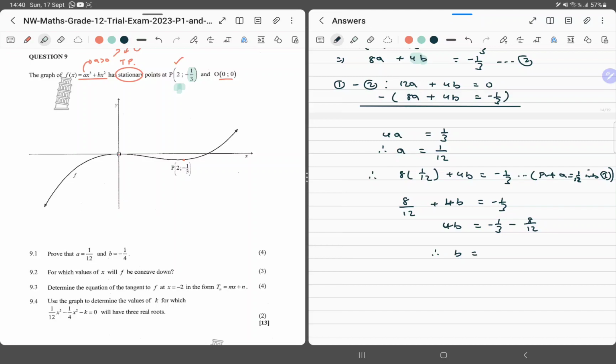Therefore, b is going to be equal to, just use your calculator, guys. Sometimes don't prolong the inevitable. You're just going to sweat for nothing here. Okay, it's 1, and then we divide that by 4. So we're getting minus 1 over there. Then when you divide by 4, it becomes minus 1 over 4. So we've sorted that.